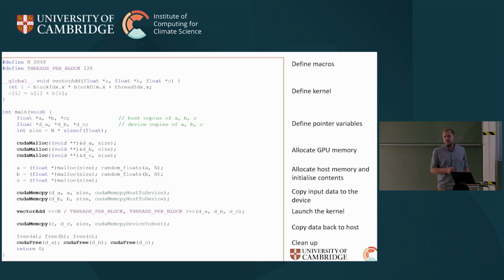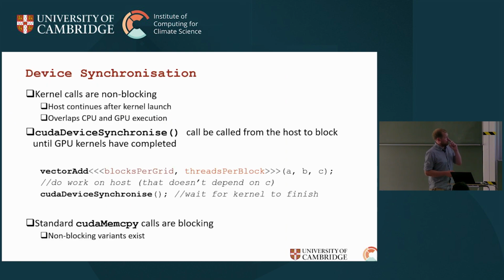There are clever ways that you can do more asynchronous stuff with different streams, but that's a more advanced topic for another day. But it's important to be aware that it is asynchronous, so you can call CUDA device synchronize, rather than implicitly waiting for a synchronization. And it will always have an implicit synchronization with the CUDA memcopy.